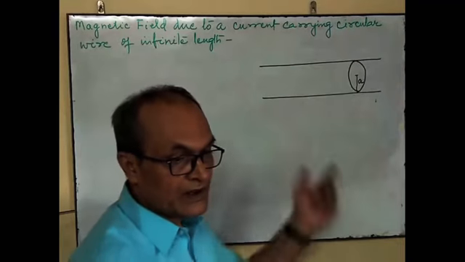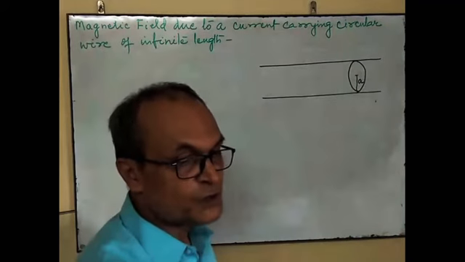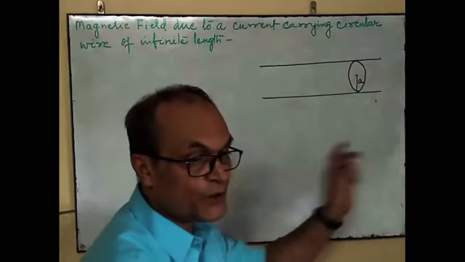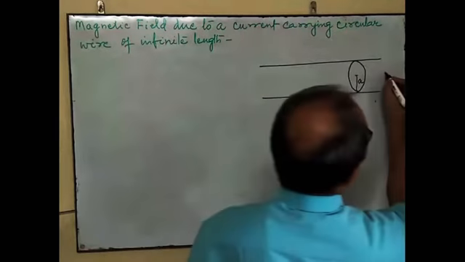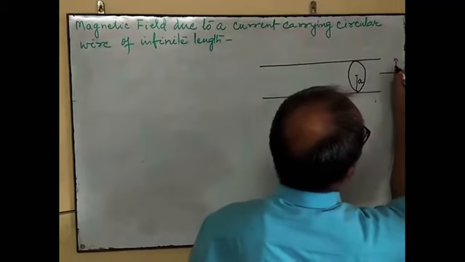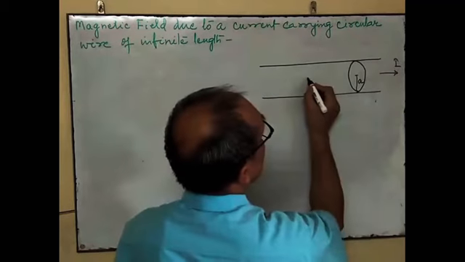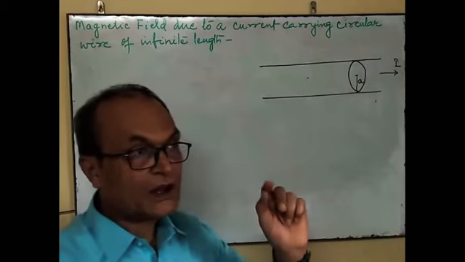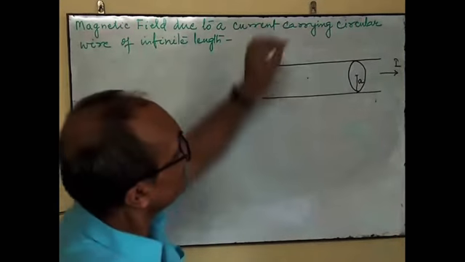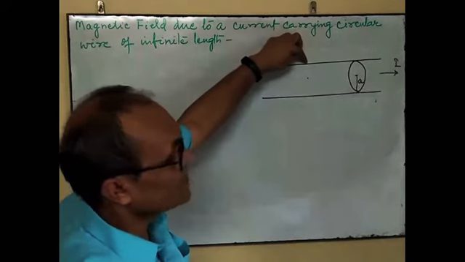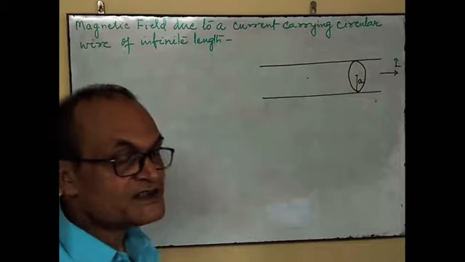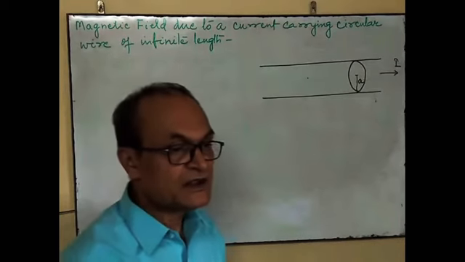Now a current I is flowing through this wire, in any direction, and this is the center. First of all, the points may be outside, maybe on the surface, and maybe inside the wire. So we will discuss all these three conditions.